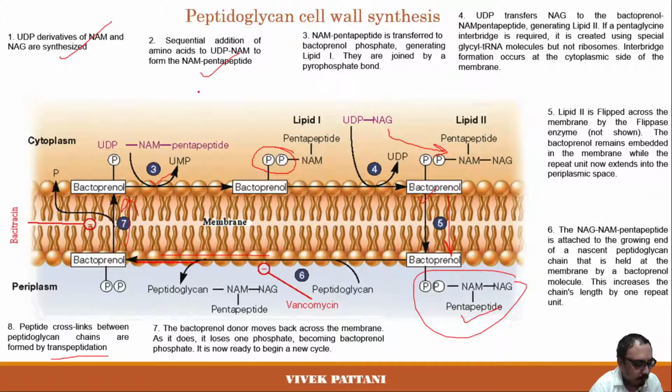Then in the presence of bactoprenol on the cytoplasm side of the membrane, UDP will be converted into UMP, and bactoprenol and NAM pentapeptide will be formed, joined by the pyrophosphate bond.